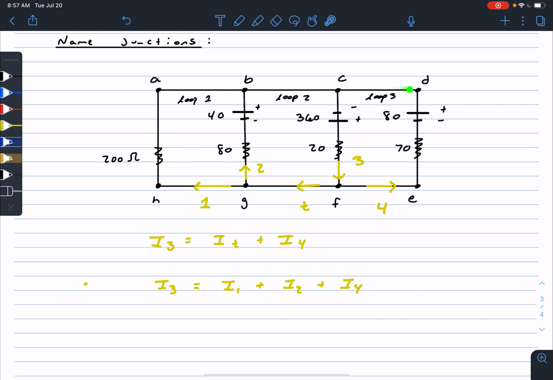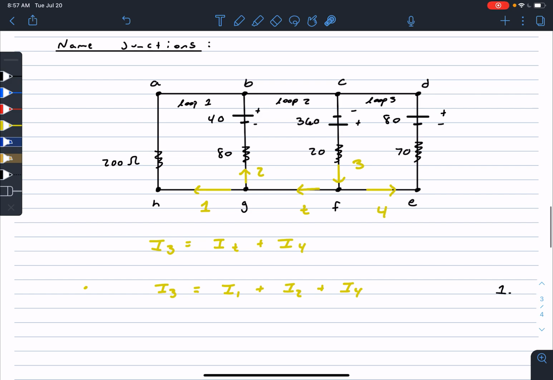And if you wanted to use the outside loop, it should also sum to 0. Since we have 4 currents, we're going to need 4 equations. This is one, and we have 4 loops that we could use to come up with 3 other equations.